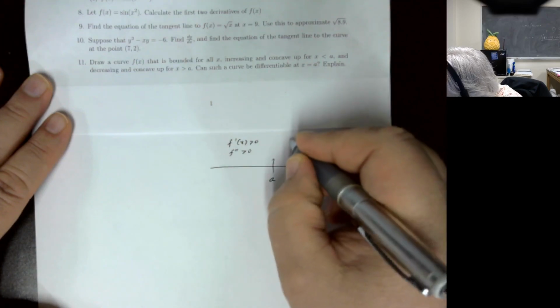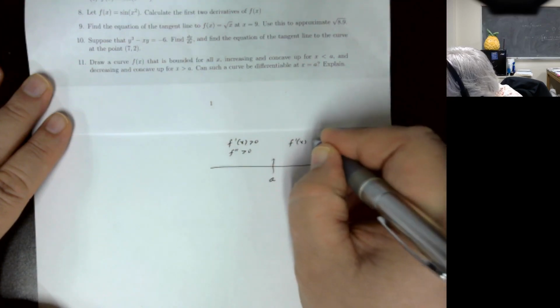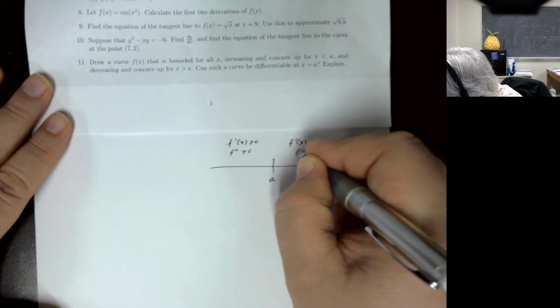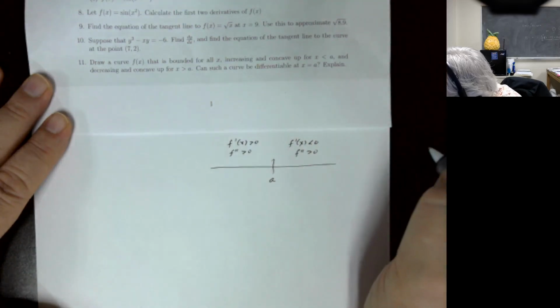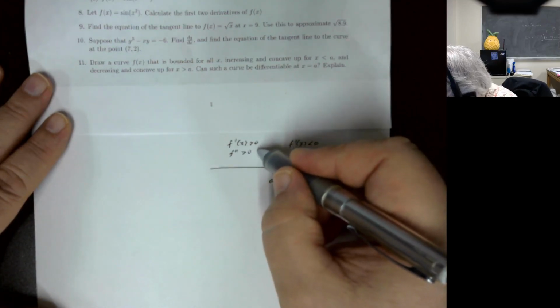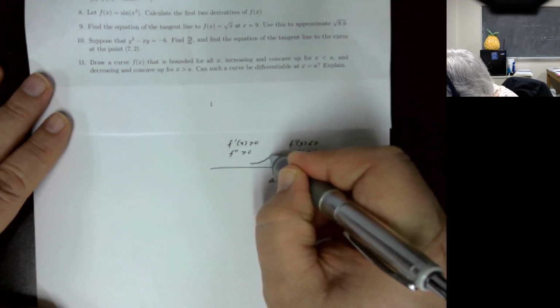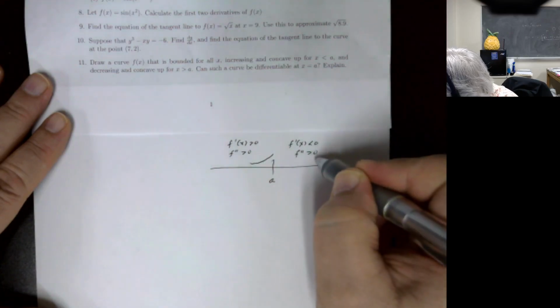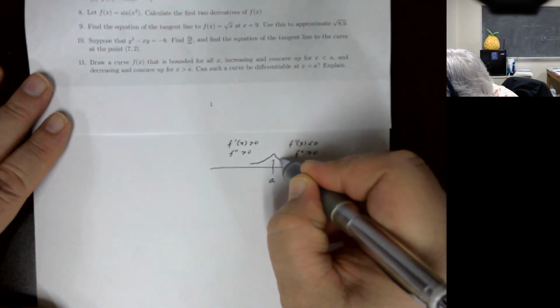And over here we want our derivative to be negative and f double prime to be positive. Okay, so if we just draw a sketch of that, increasing and concave up would look like that maybe, and then decreasing and concave up, you could make it like that.